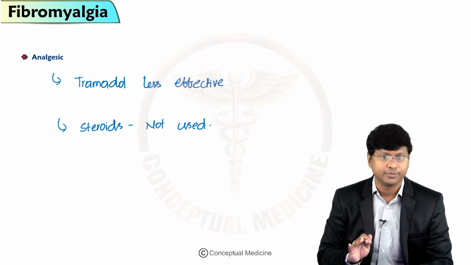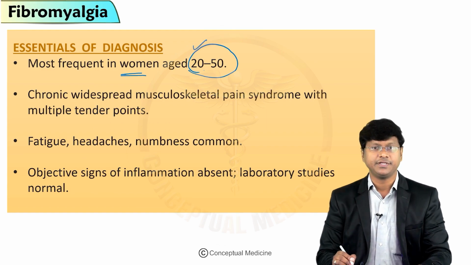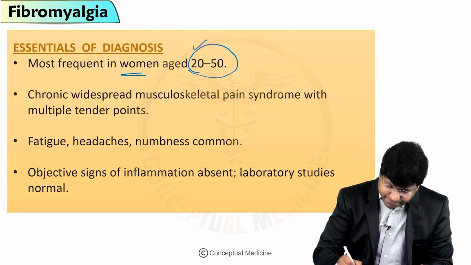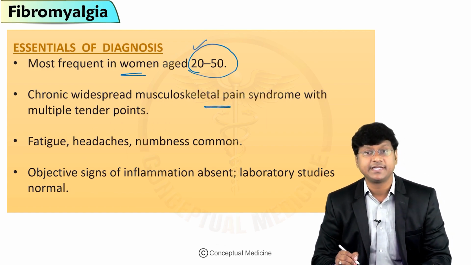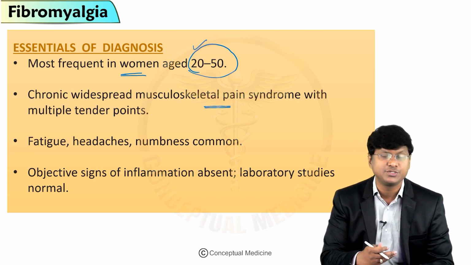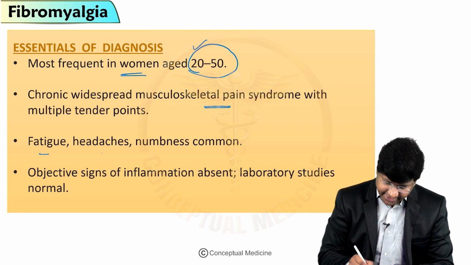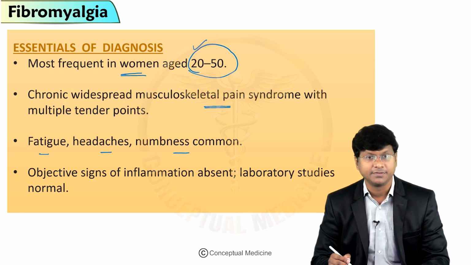So to summarize fibromyalgia, it is a disorder most frequently seen in women of the age group around 20 to 50 years. There is chronic widespread musculoskeletal pain syndrome with multiple tender points. I have shown you the image also where all the tender points will be. There will be fatigue, headache and numbness, which is very common.